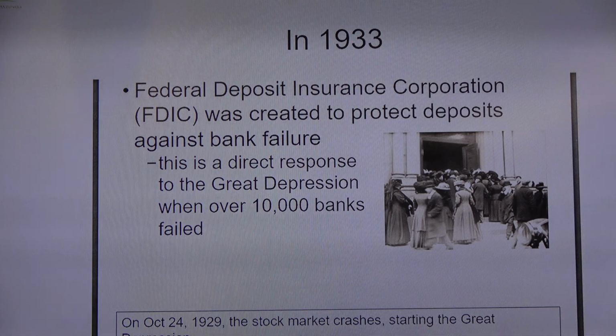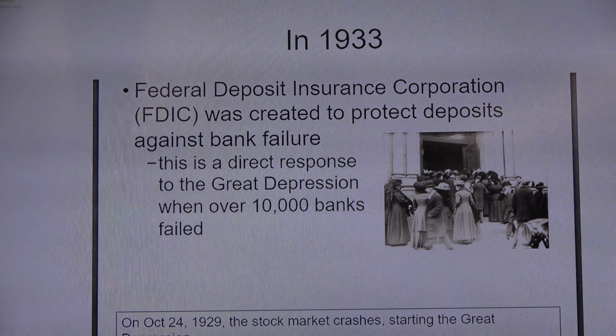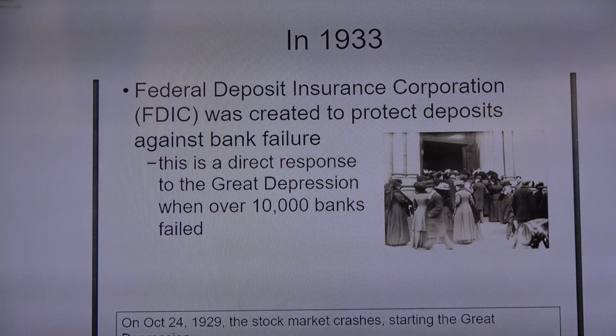Even today, there are people that grew up during the Great Depression that don't really trust banks as much as they used to. And so in 1933, they came out with the FDIC, which is an insurance that insures, in case the bank were to fail again, that your money is insured up to a certain amount. It used to be $100,000 per depositor. It's now $250,000 per Social Security number.